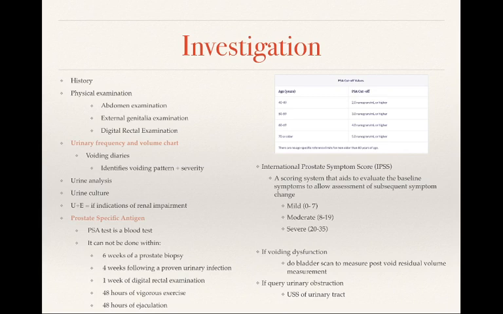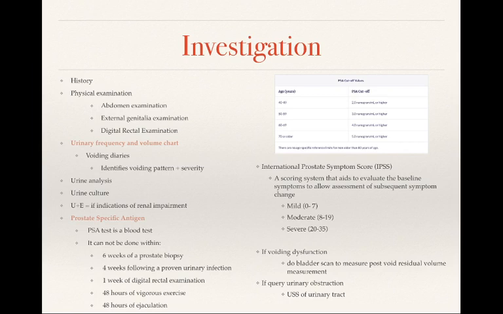So, if there's an abnormally raised PSA level, this may suggest that the patient may have a problem with their prostate. It can indicate that they may have benign prostatic hyperplasia or even prostate cancer, which we'll talk about later on.